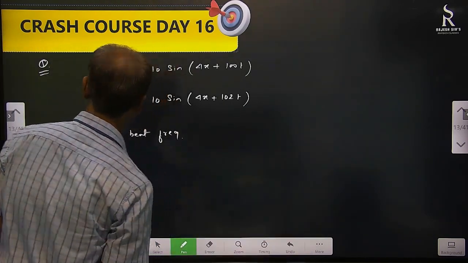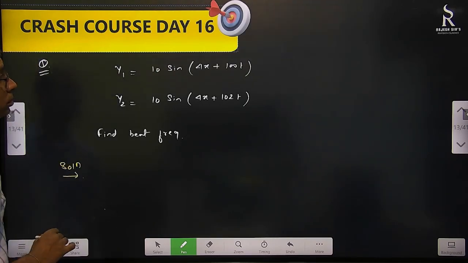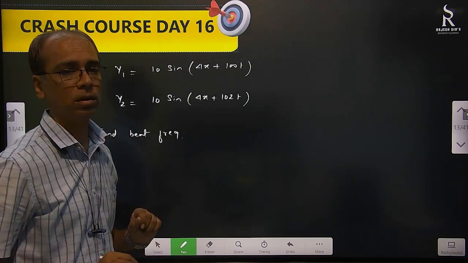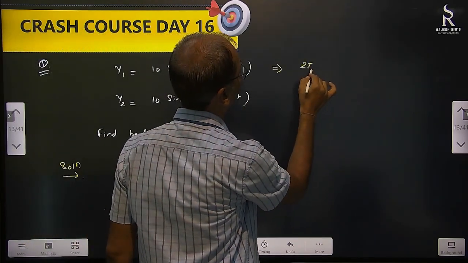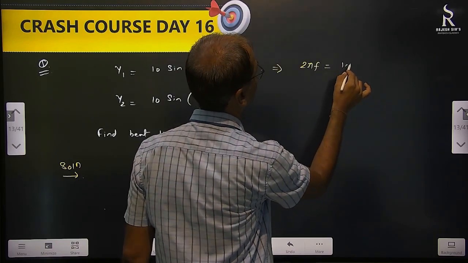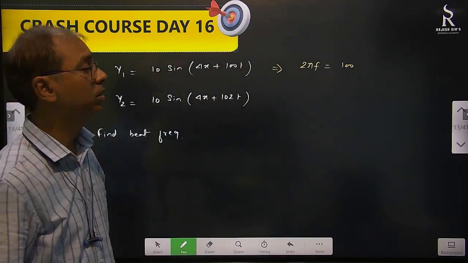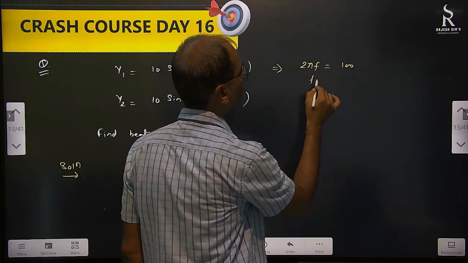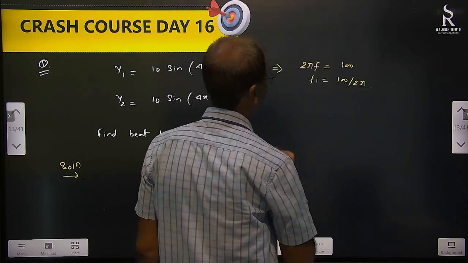So solution. What is the frequency of this one? f1 we have to find, and we know that omega is given to us as 100. So frequency is 100 by 2 pi. This is f1.